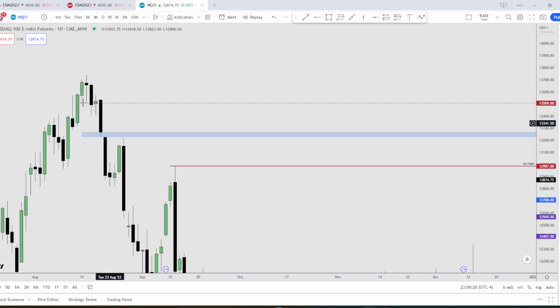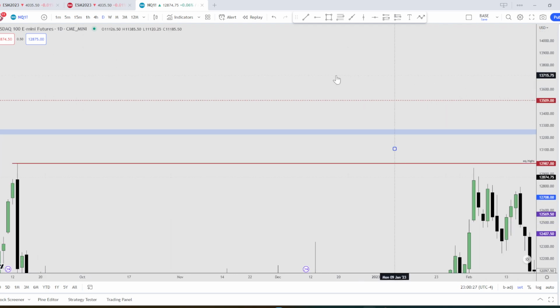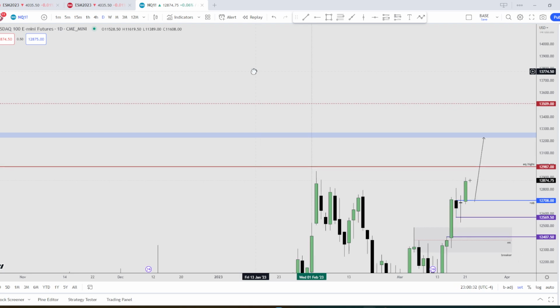Okay, this would be the mean threshold of this order block. So I'll be looking at that level.